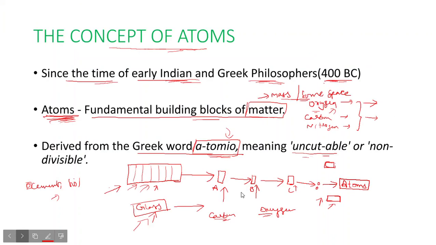And we also saw the concept of atoms, and we learned that the concept of atoms has been in existence since 400 BC. We also learned that atoms are the fundamental building blocks of matter, and that the word atom was derived from the word atomos, meaning uncuttable or non-divisible.